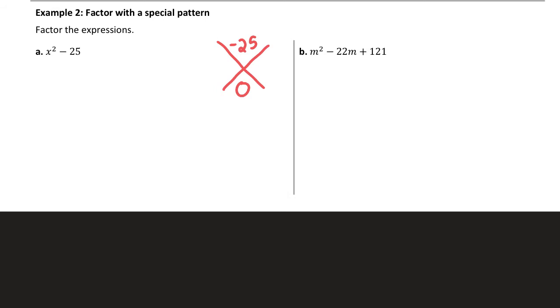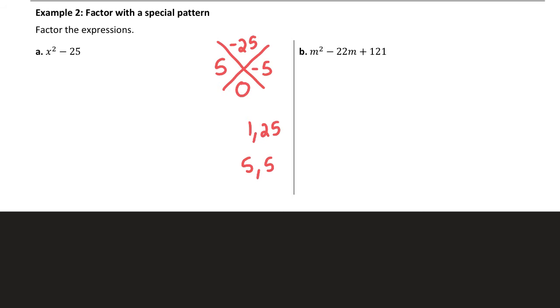Well, again, they multiply to be negative 25, meaning one has to be positive, one has to be negative. And my factors of 25 are just 1 and 25, which wouldn't get the job done, and then 5 and 5, which should make sense. 5 and negative 5. 5 times negative 5 is negative 25. 5 plus negative 5 is 0.